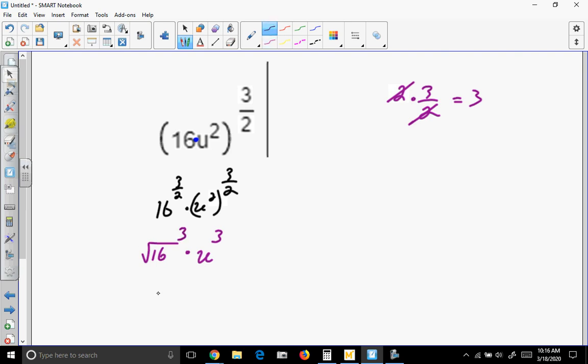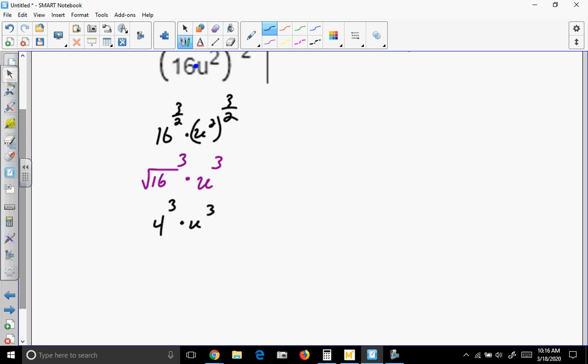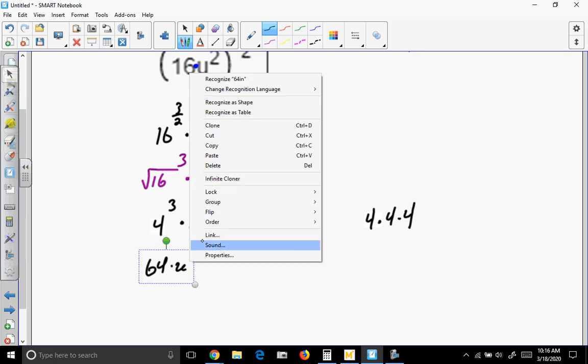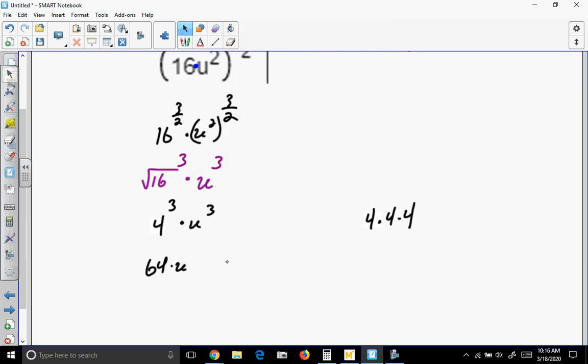So the square root of 16 is 4. So 4 cubed. We don't know what u is, so we can't really simplify u to the third, but we can simplify 4 to the third. 4 times 4 is 16, times another 4 is 64. So this simplifies to 64 u to the third.